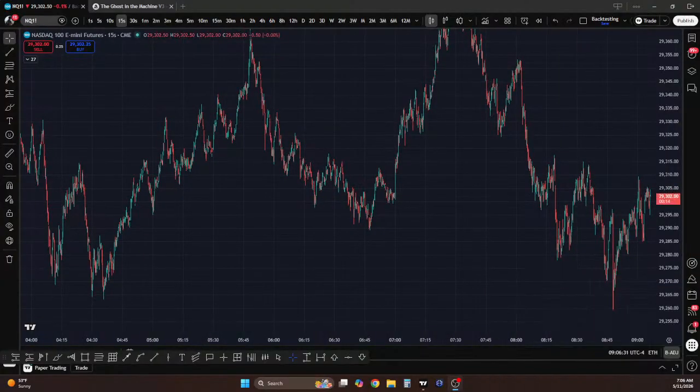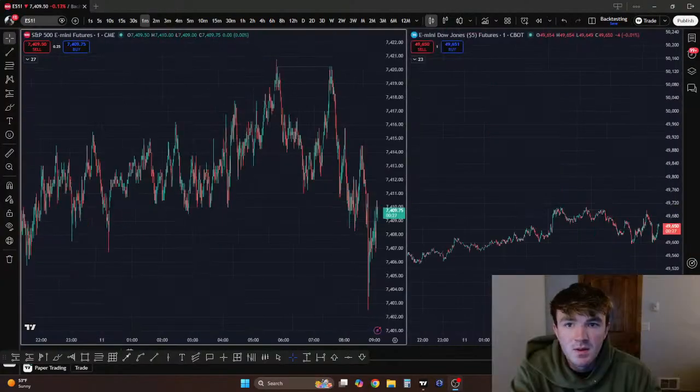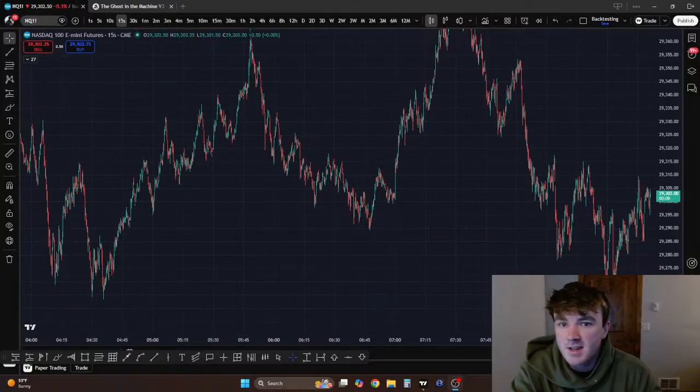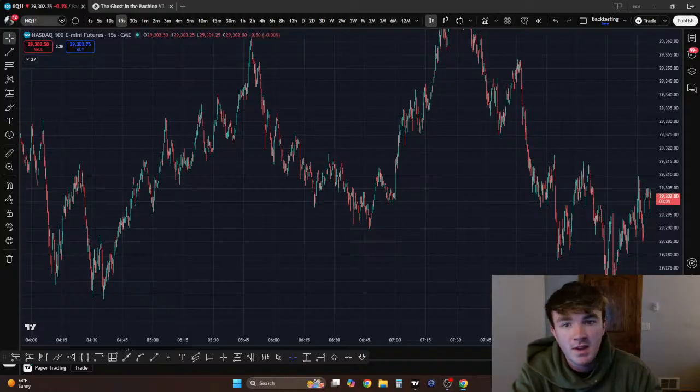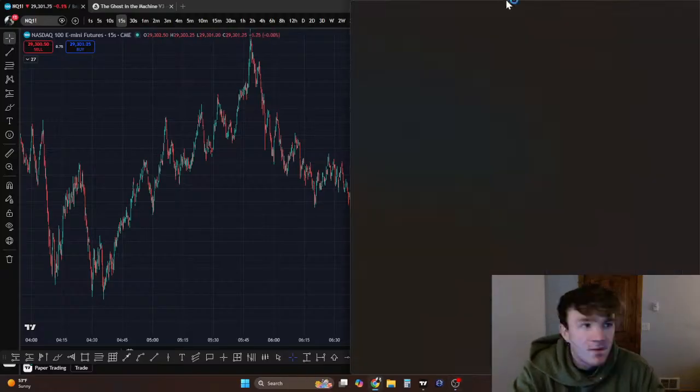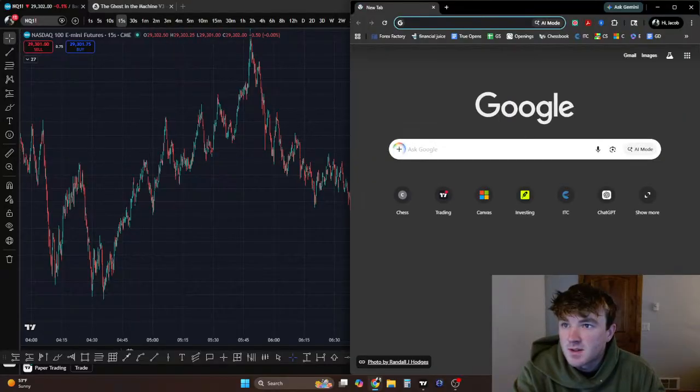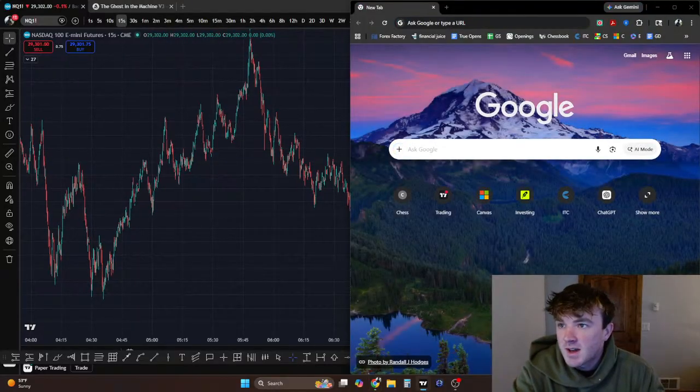Let's get out everything that we need to get out. The left hand side is gonna be for split screen for Tradovate and for SMTs. So let me get that out.